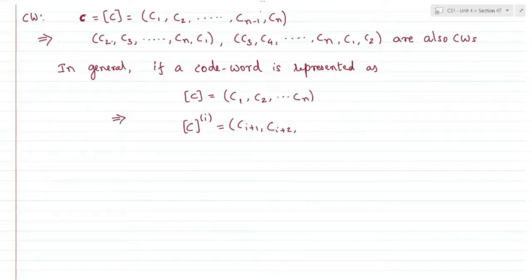So the ith shift would have the first element as Ci plus 1, and it will go on up to Ci plus 2, and somewhere in between you will have Cn, and obviously after cyclic shift you will have C1, C2, and up to Ci somewhere here. This denotes it's cyclically shifted by I places to the left.